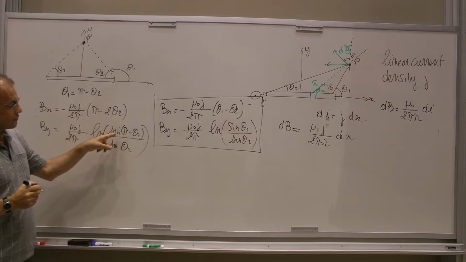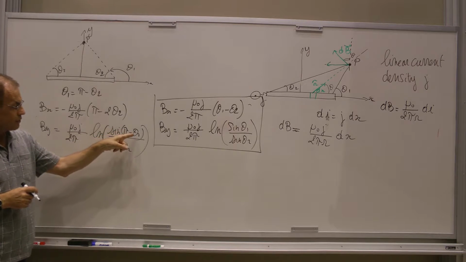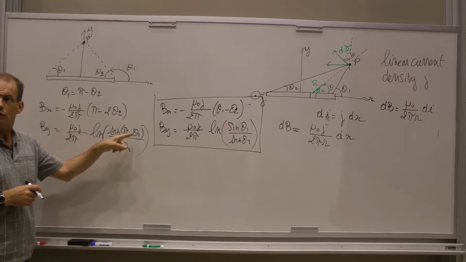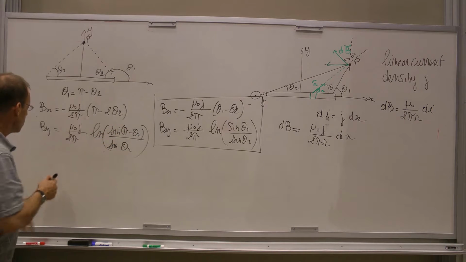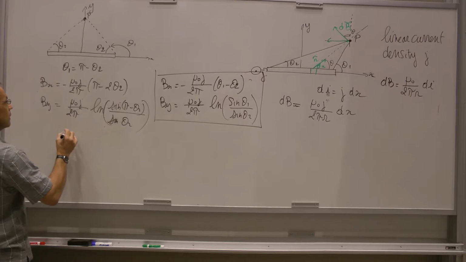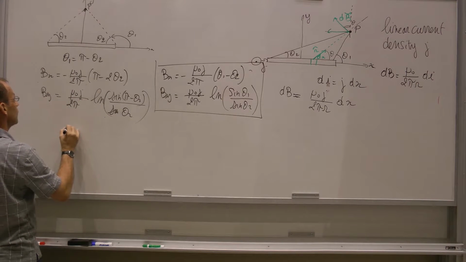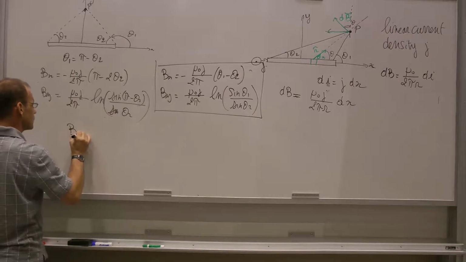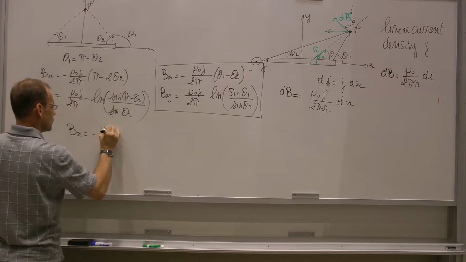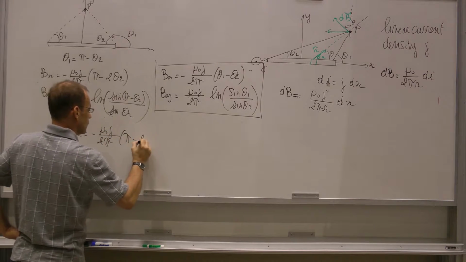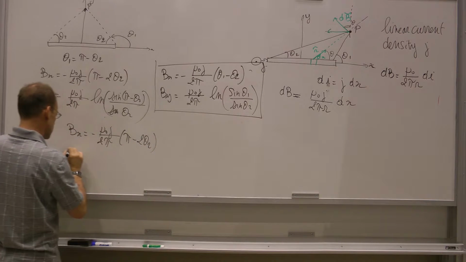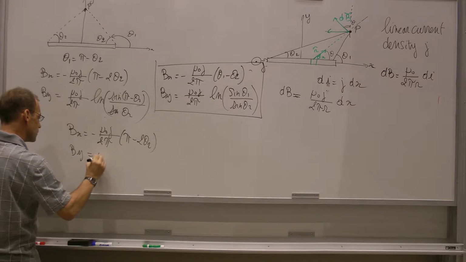Sine of pi minus theta 2 is the same thing as sine of theta 2 over sine of theta 2. The fraction is 1, which gives me ln of 1 equals 0. We therefore find that in the situation where P is symmetrically located, we have Bx equals negative mu 0 j over 2 pi times (pi minus 2 theta 2), and By equals 0.